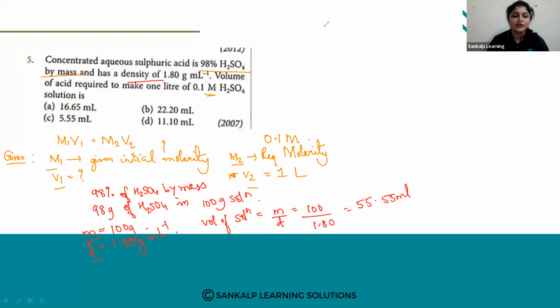Now the next step is to find M1. So we have got the volume of solution. Next, we are finding M1. Molarity is the number of moles of solute divided by the volume of solution in liter.